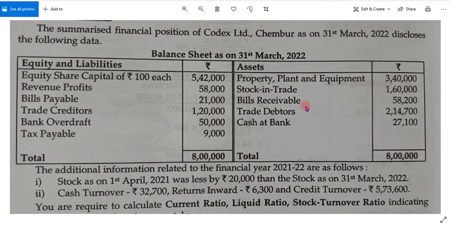Here, for liquid assets we will not take stock in trade, that is 1,60,000. So liquid assets are bills receivable, trade debtors and cash at bank.